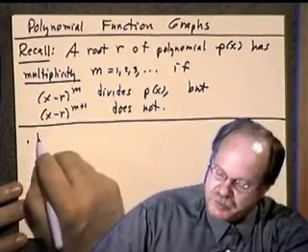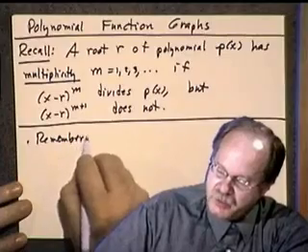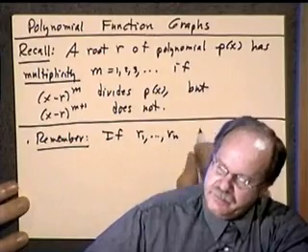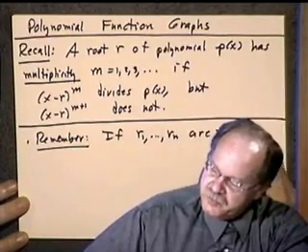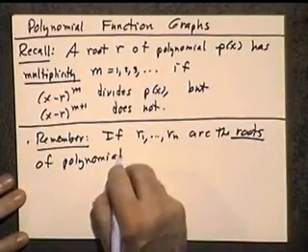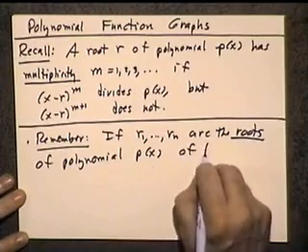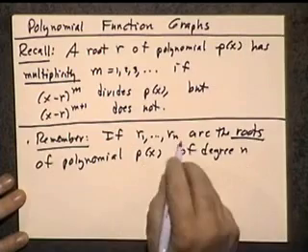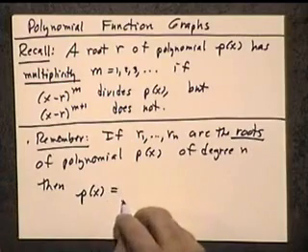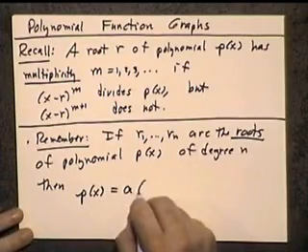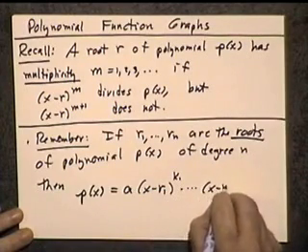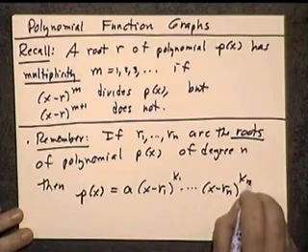One more thing to remember from algebra about polynomials, and there'll be some more in a minute. Remember, if you mark the roots as r1 to rn, if these are the roots of a polynomial p of x of degree n, the polynomial of degree n will have n roots, then p of x can always be written as some constant, say a, times x minus the first root to some power, say k1, all the way down to x minus the last root to some power associated with it, kn.